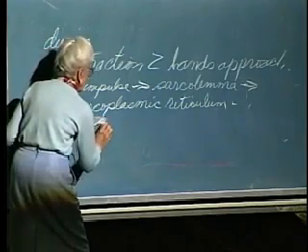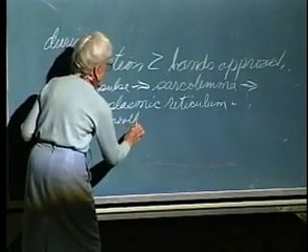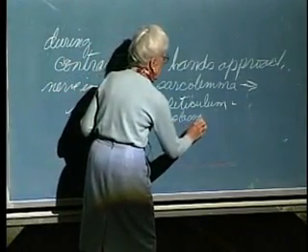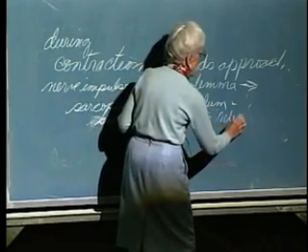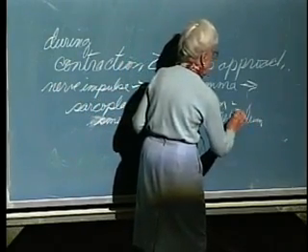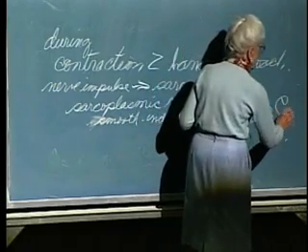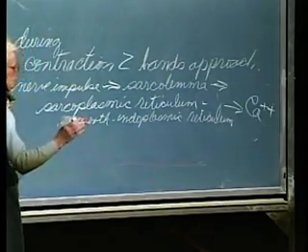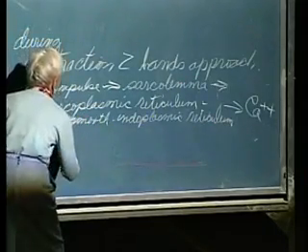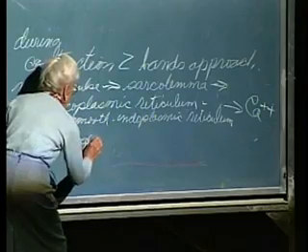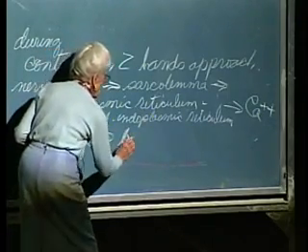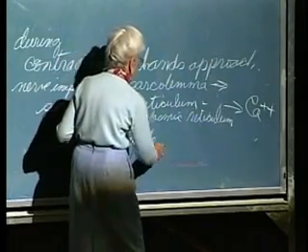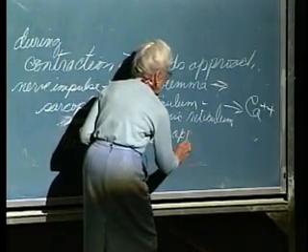Smooth endoplasmic reticulum, which discharges a calcium ion. And the calcium ion then triggers the Z bands to move. And you get the sliding filament theory of muscle contraction.